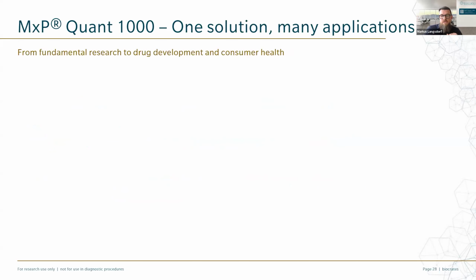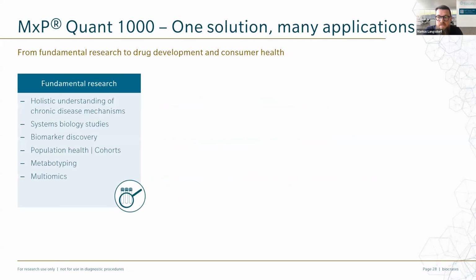So this extensive coverage, and this is my last slide now, ensures that whatever your focus is, you have the right tool to uncover meaningful insights. In fundamental research, scientists aim for biomarker discovery or need comprehensive insights to understand the biological mechanisms underlying chronic disease or chronic inflammation in people living with HIV, which we will see in a minute from Chris.